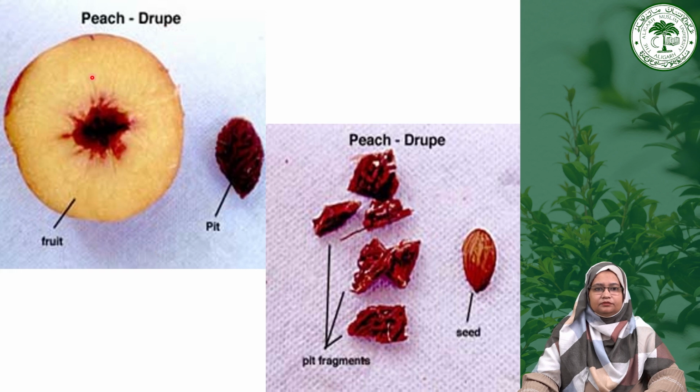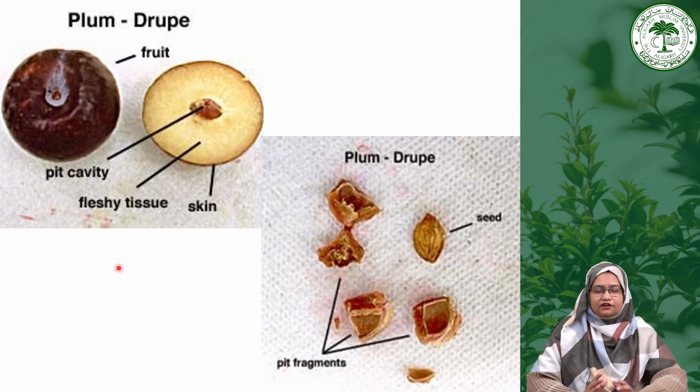You can see here this fruit has a thin covering, inside it has an endocarp which is hard, and in the mesocarp you will find the fleshy edible portion of the fruit. These are the pit fragments, and inside this there is the presence of a seed. So peach is an example of a fleshy fruit.